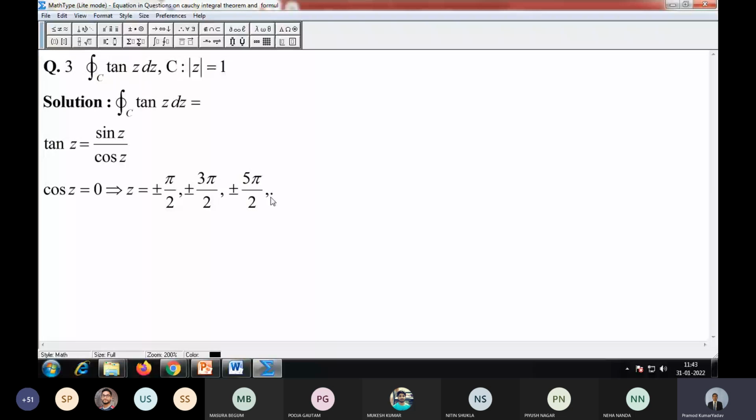Okay, so it means this function is analytic everywhere except these points. Now we need to check whether these points lie inside this C or not.